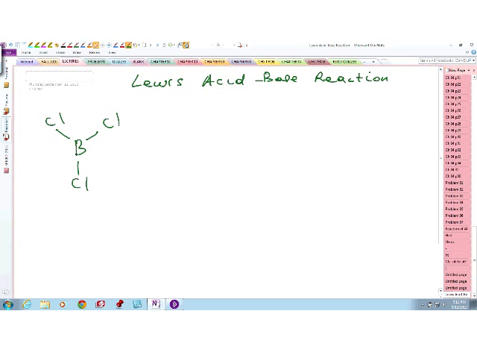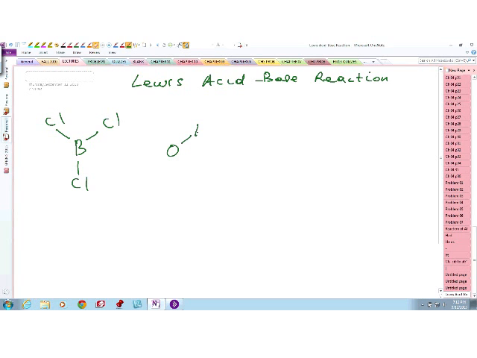If you look at boron trichloride here, something is missing with this molecule. What is missing with this molecule? Electrons. It does not obey the octet rule. Even though it is a known molecule, it is very, very reactive because it is missing electrons. It needs electrons, therefore it will act as a Lewis acid.